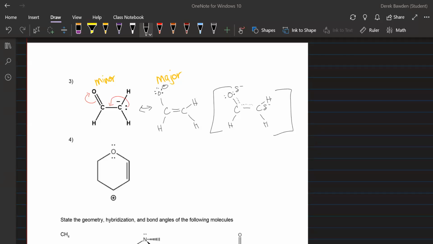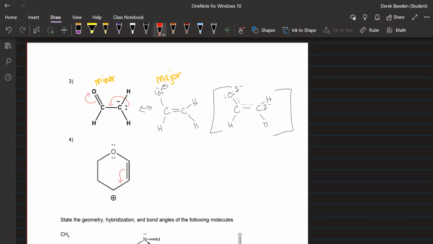Okay. Number 4. What's unhappy and how can we fix it? Carbon at the bottom that has a positive charge. So we don't want to move electrons away from that carbon because it's already positive. So we want to move electrons towards it. We do have a double bond here that can help out.